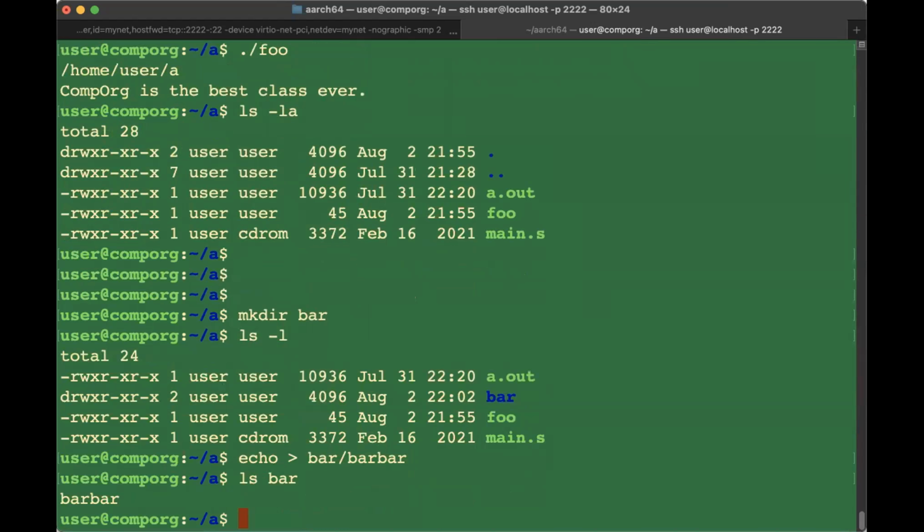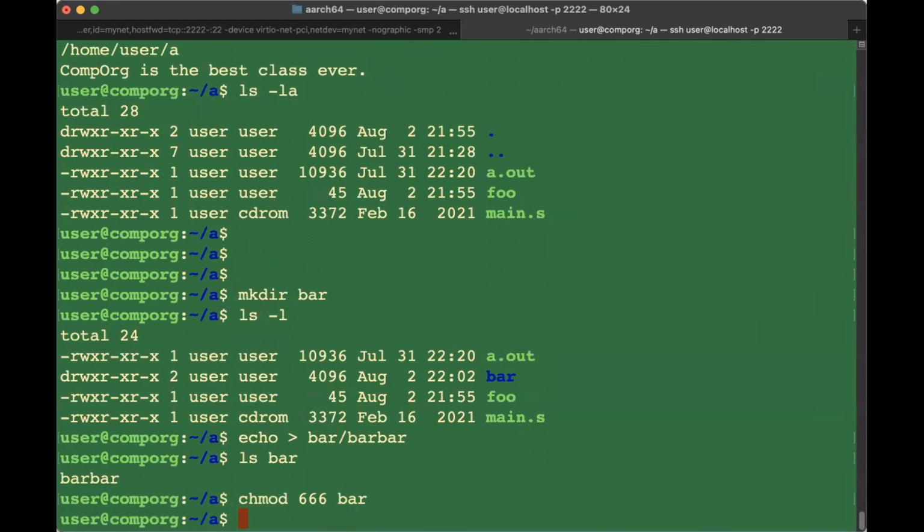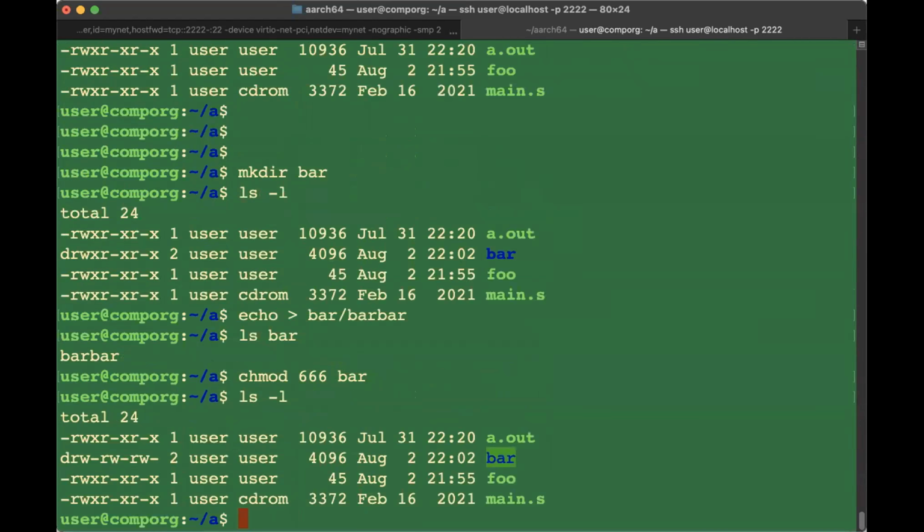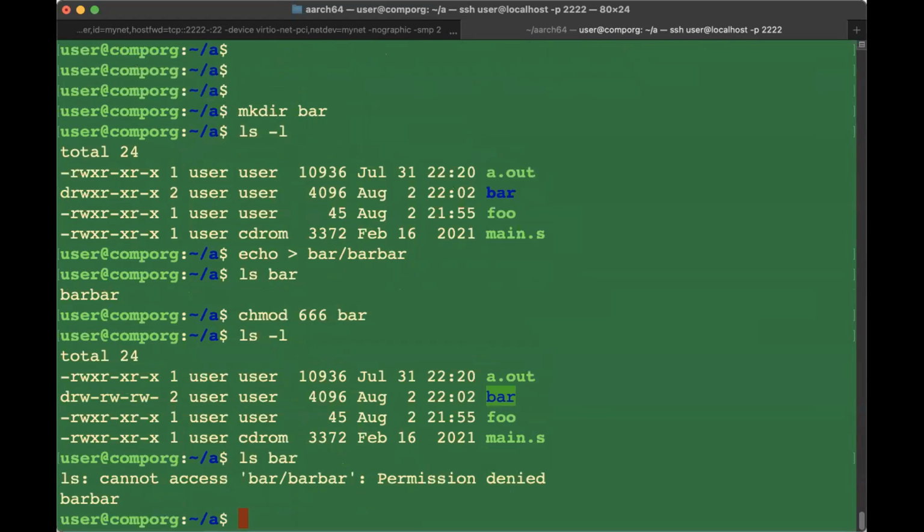Okay, now there's a file called bar. Chmod 666 bar. No big deal. Okay, now let's take a look at what's in bar. Uh-oh. So for directories, the execute bit is repurposed for, can you traverse this directory?